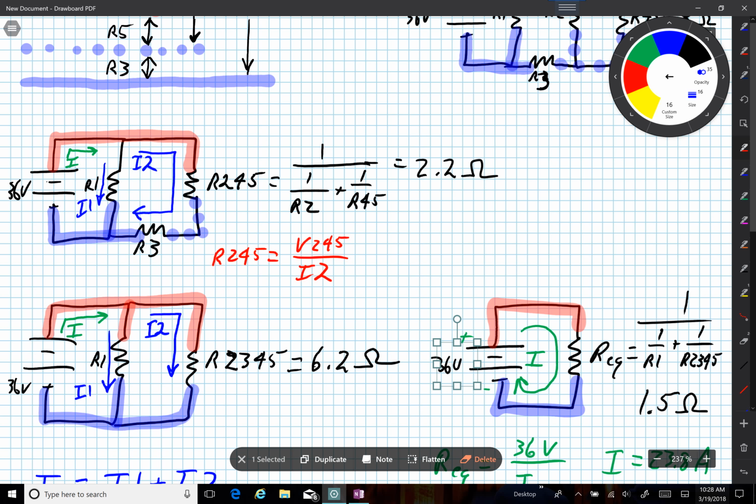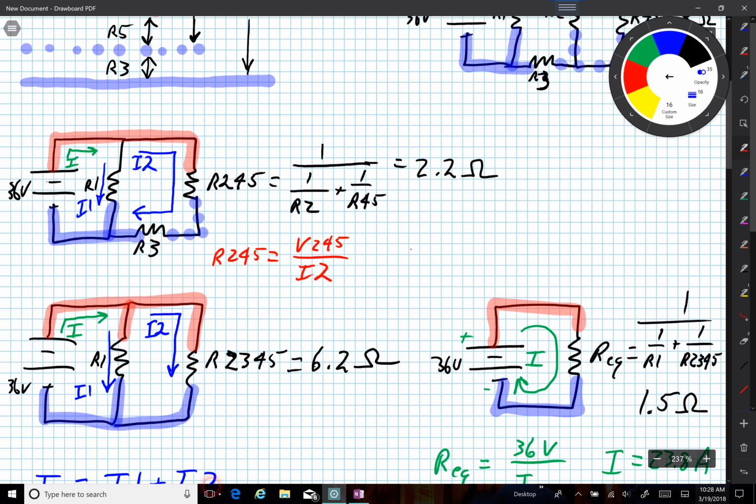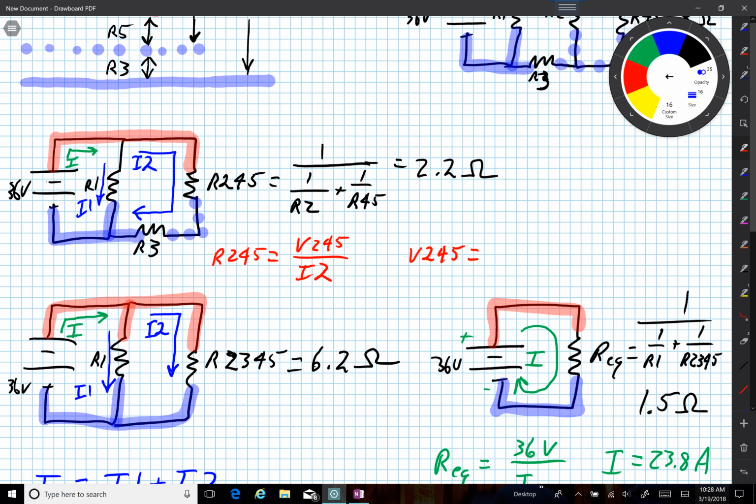And I2 is the 5.8 amps. So I can solve this for V245. V245 equals R245. Well, R245 is 2.2. I get 12.8.